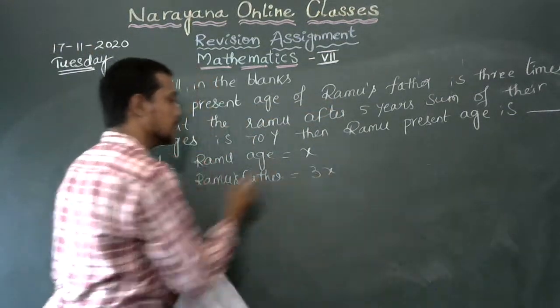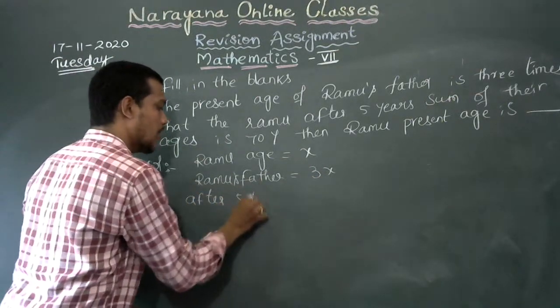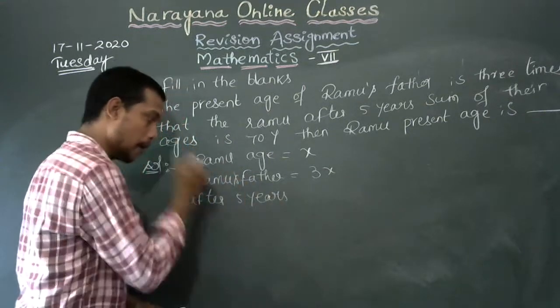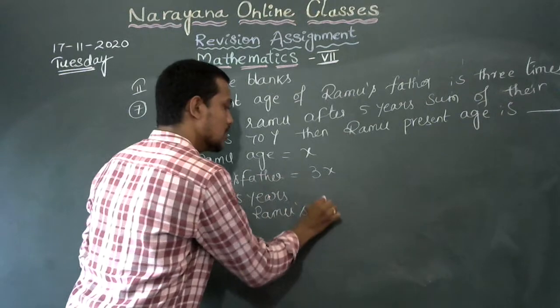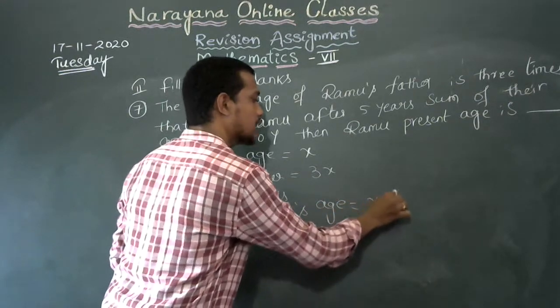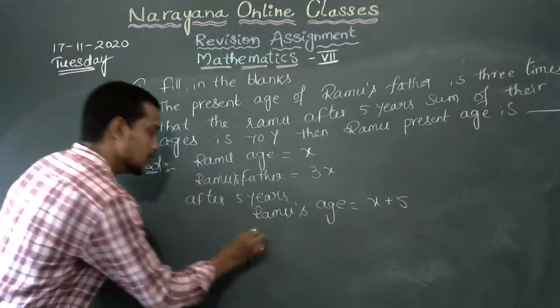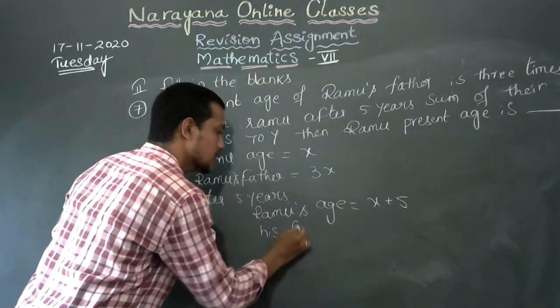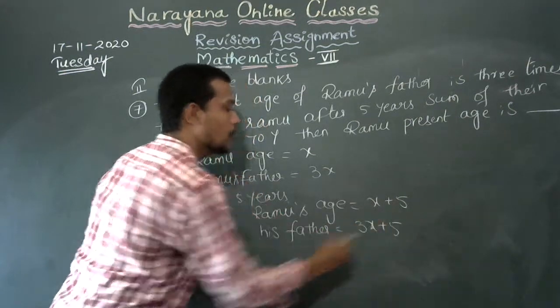So 3x. After 5 years, Ramu's age, what will happen? x plus 5. After means, now we can add. After 5, his father is 3x plus 5.